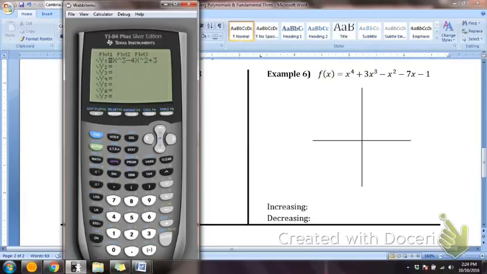Okay, on example 6, make sure that you are carefully putting it into your calculator. Okay, so we're putting example 6 into our calculator.